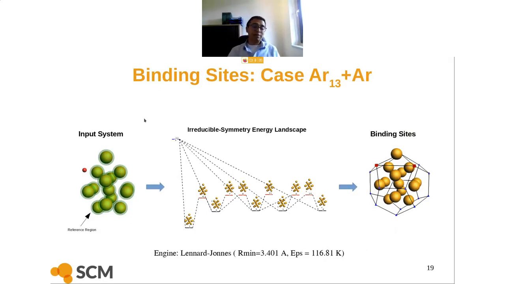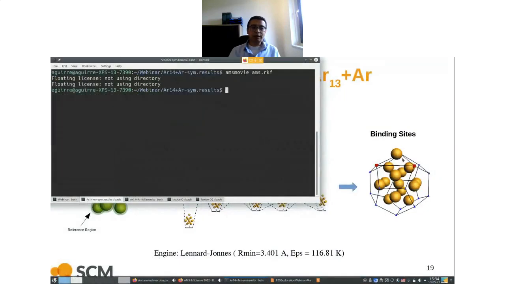It's just the same argon 13, this is argon 14, with an additional argon atom. And we can again create the energy landscape. And also we can calculate the binding sites from here. Let me show the interface for the binding sites.